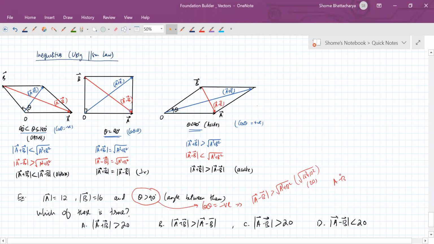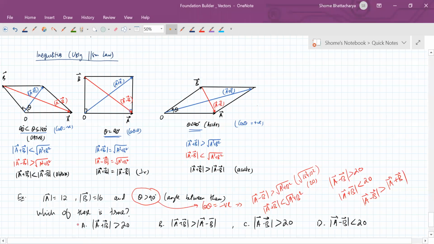So mod of a minus b will be greater than 20, whereas mod of a plus b will be less than root of a square plus b square. So mod of a plus b will be less than 20. That also means that mod of a minus b will be greater than mod of a plus b, and not the other way around.